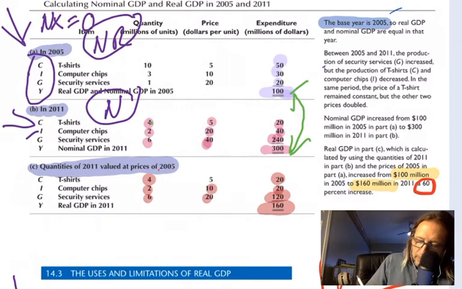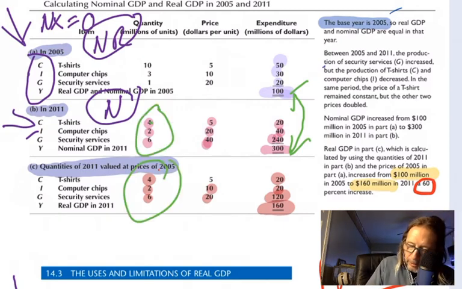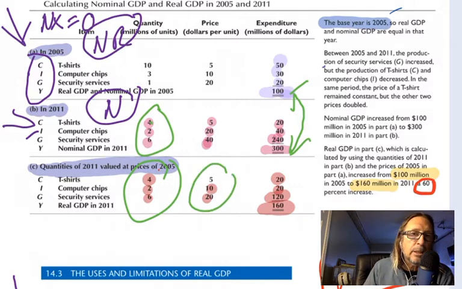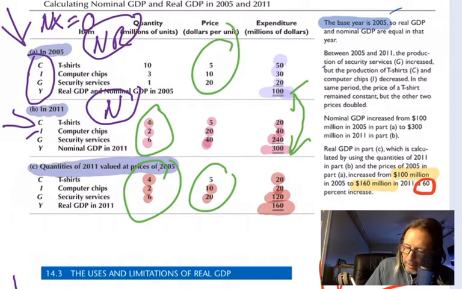The only real difference is going to be the prices. We're going to use these prices, which if you notice was the same as those. So we're going to use the 2005 prices. That will give us 20, 20, 120, which gives us a total of 160. So now we have a real GDP of 160.